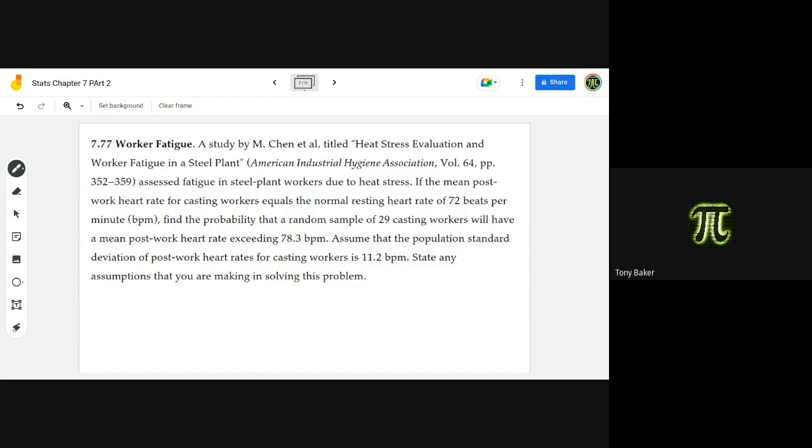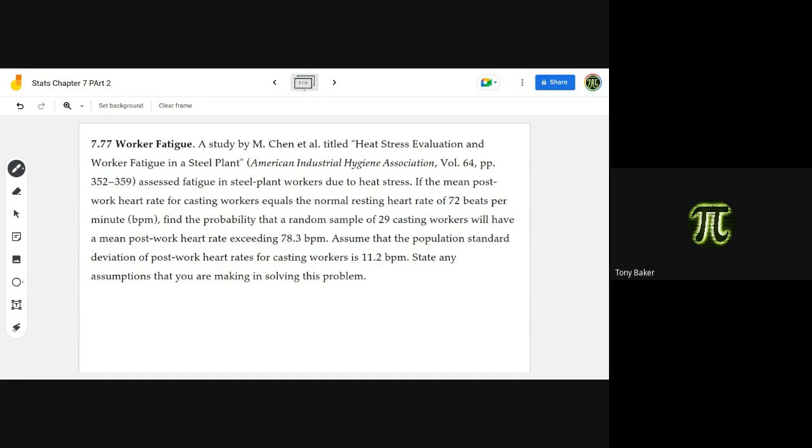What do we say was the number that I could take and assume that it's always normally distributed? 30. This is 29. So we have to make the assumption to continue this problem that it is normally distributed, even though it's not 30 people. Okay? So that's an assumption we're making.